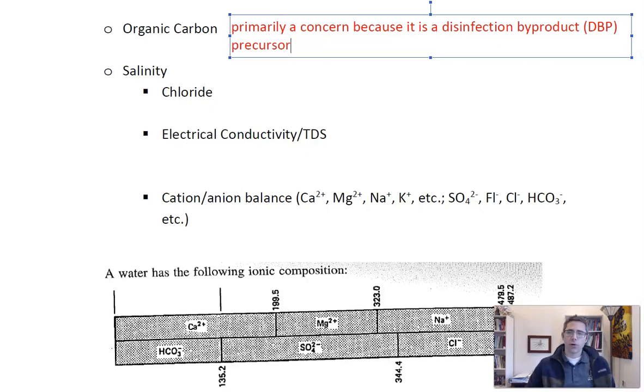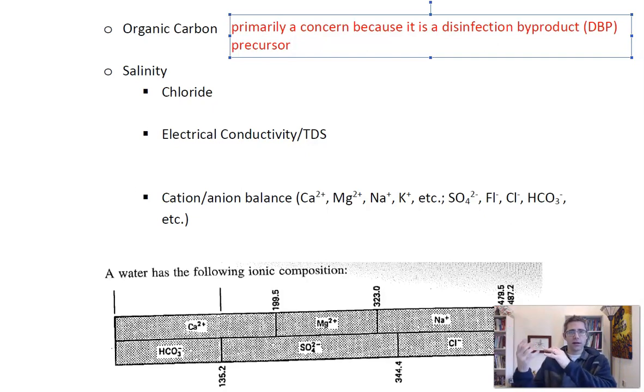So in our Water 4.0 reading, we read about the chlorine dilemma, and that when we chlorinate water, we can form trihalomethanes, haloacetic acids, other kinds of disinfection byproducts. What we need in order for that to happen is the chlorine and some organic carbon. And it's the chlorine acting on the organic carbon that can create those trihalomethanes.